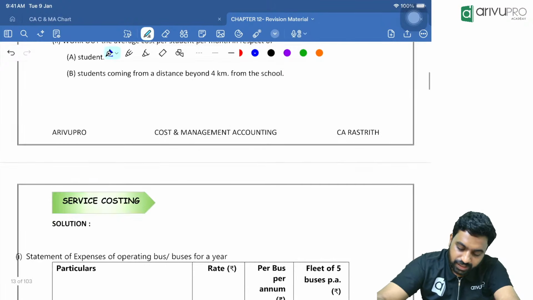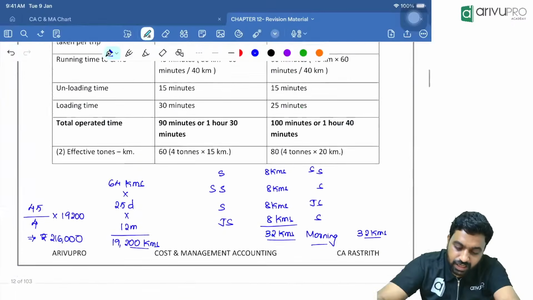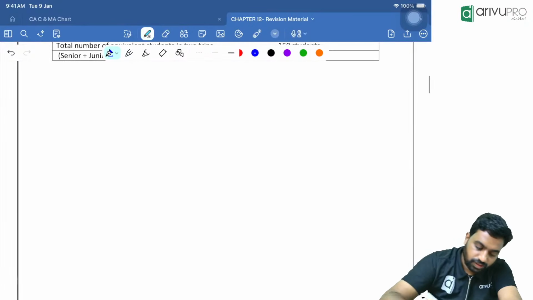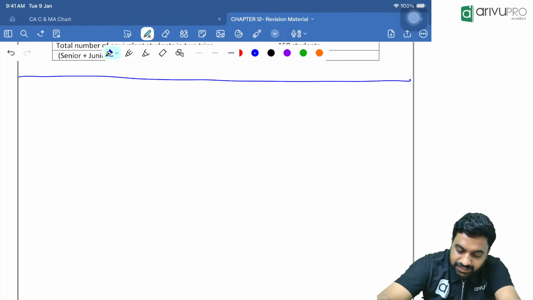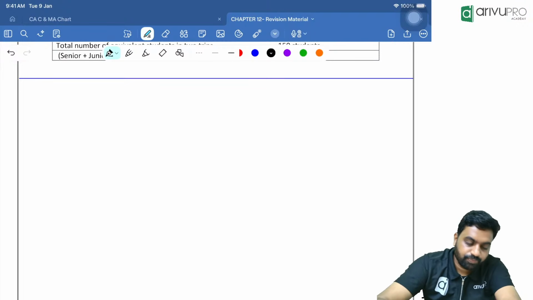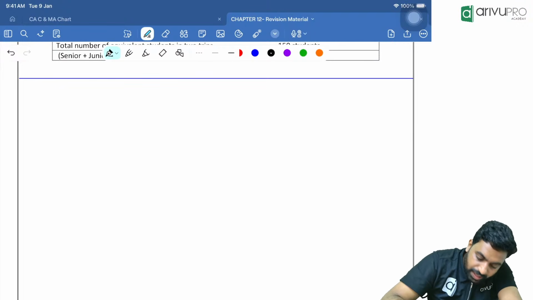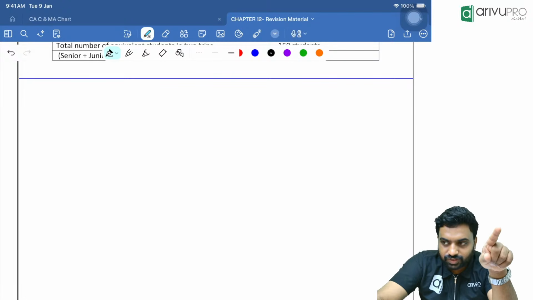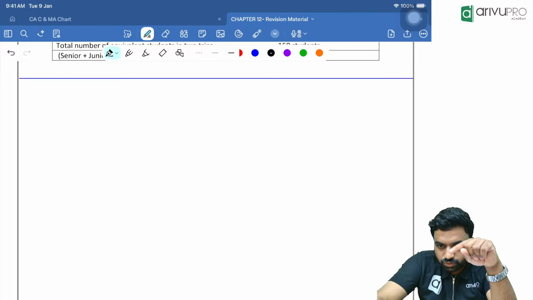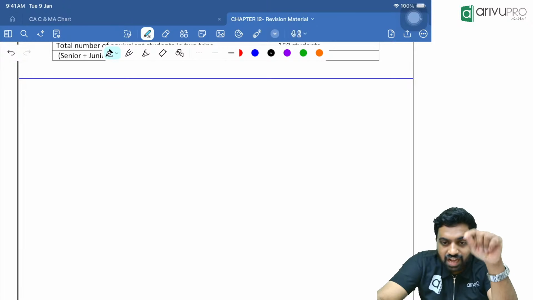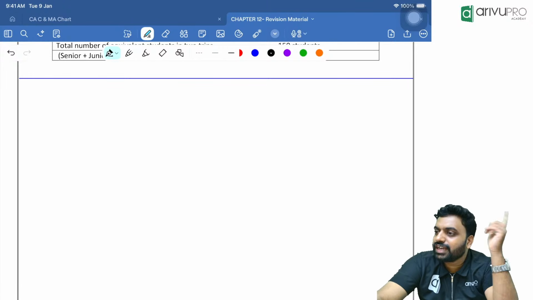Now you guys tell me, which one shall I take as a base? Students traveling for less than 4 kilometers as a base, or more than 4 kilometers as a base? Less than 4 kilometers as a base? Okay. We have one bus: in the morning they will take the junior students, drop them to school, go back, pick senior students, drop them to school. Afternoon, same students we are picking and dropping.